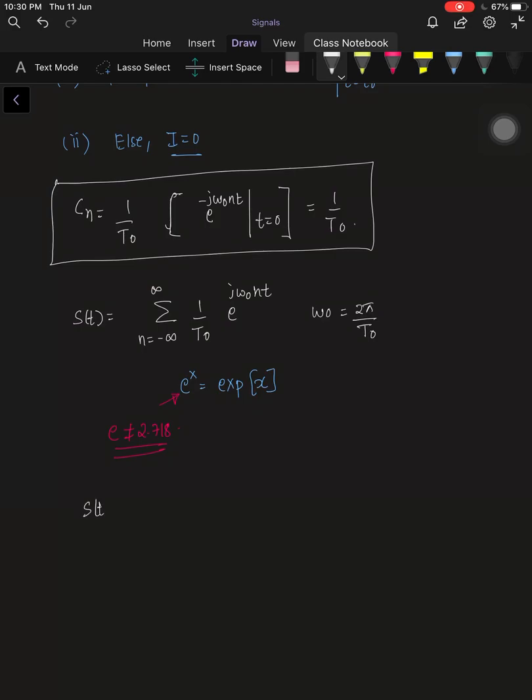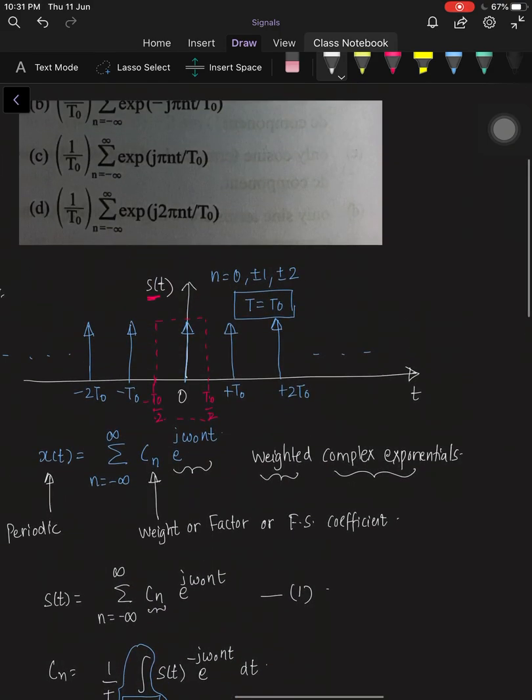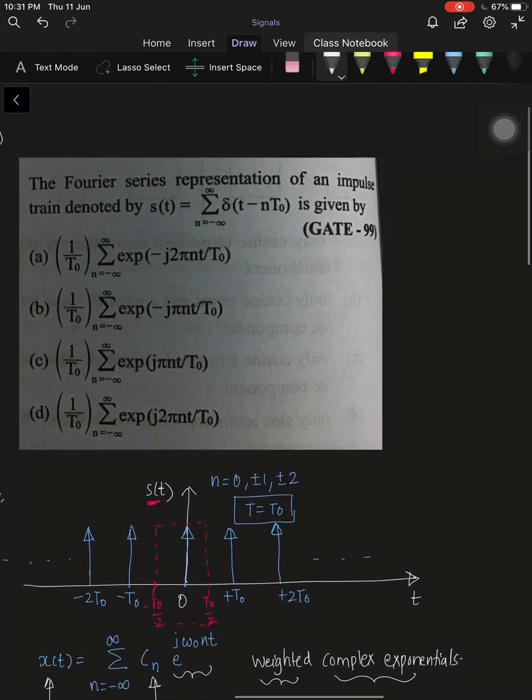So S of t turns out to be the sum over n equals minus infinity to infinity of exp of j 2 pi by t naught nt. So this is the Fourier series representation of S of t, and the answer is option D. So thank you.